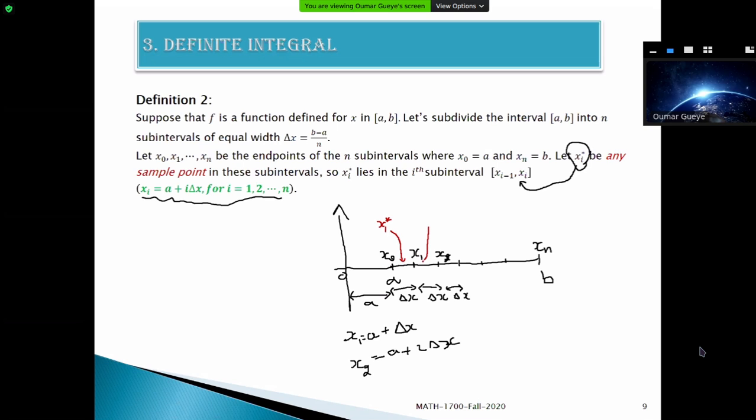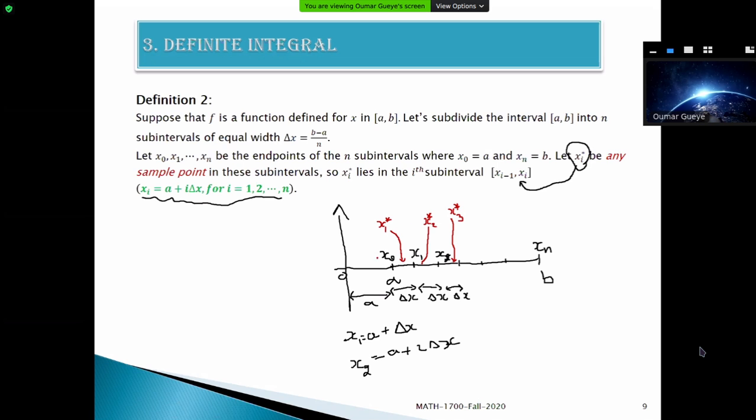From the second interval, you pick another number called x2 star. It's just a single point from the second subinterval. From this one, you pick another number, which we call x3 star, and so on. From the n subintervals, for each of them, you pick one value.